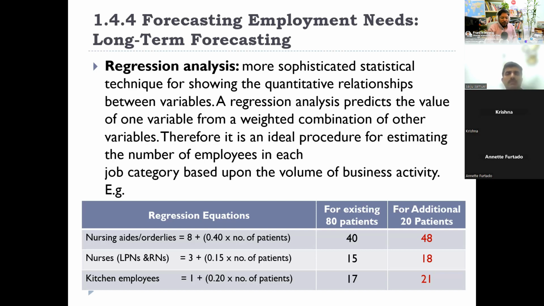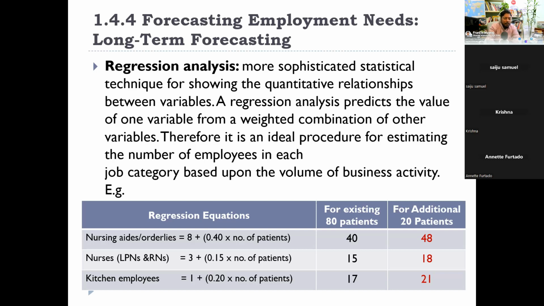How do you approach? The hospital conducts a regression analysis to estimate the quantitative relationship between the volume of patients being treated, the independent variable, and the number of employees in each department category, the dependent variable. Understand, no? Because the number of staff required depends on the number of patients.